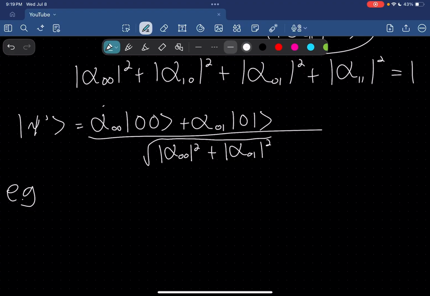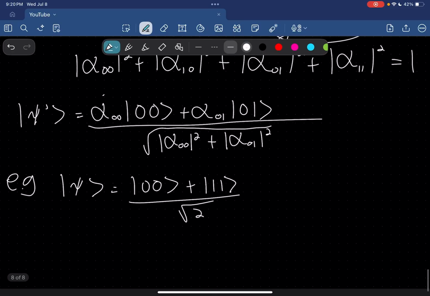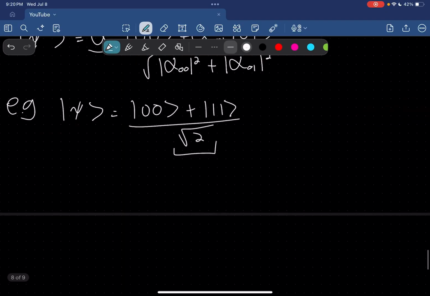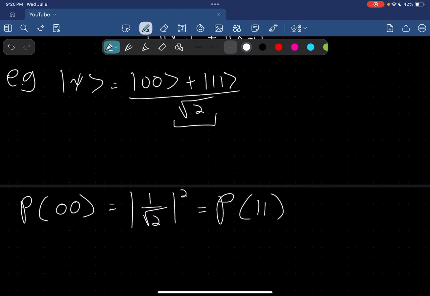So the Bell state takes the form, and now notice that each one has an amplitude of 1 over root 2, meaning that the probability of measuring 00 is going to be the modulus squared of 1 over root 2, which is also the probability of measuring 11.